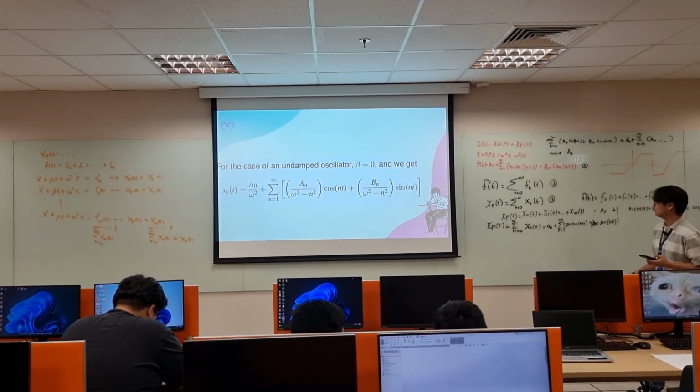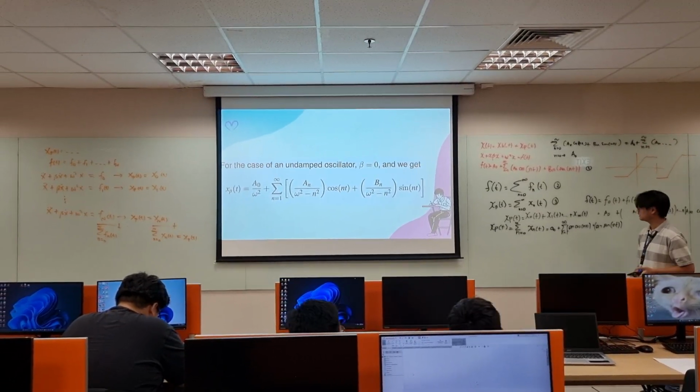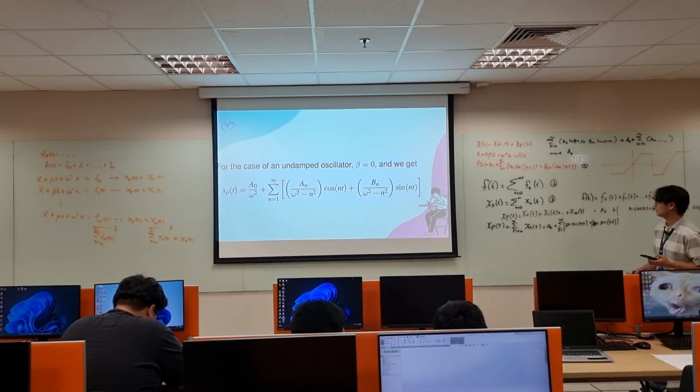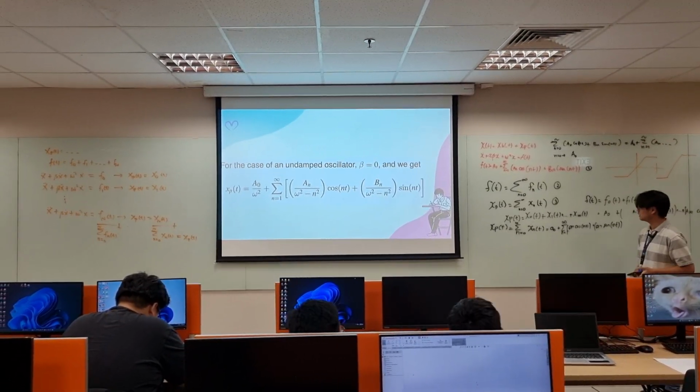Then we can take out the sum: the sum from n equals 0 to infinity of x_n double dot plus 2 beta x_n dot t plus omega squared x_n t minus f_n t equals 0.